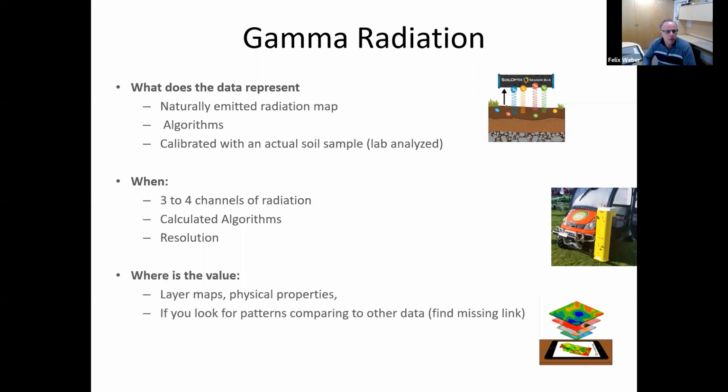Where can we use this data best afterwards, and how can we get value out of this data? The soil sample calibrated data is behind that. It will give us maps across the field based on this information, with a calculation of the algorithm.